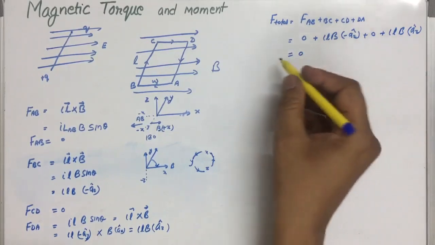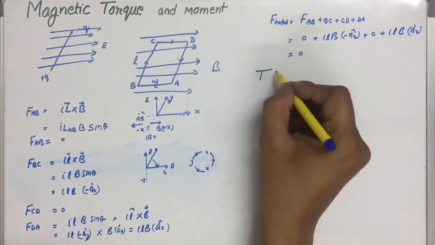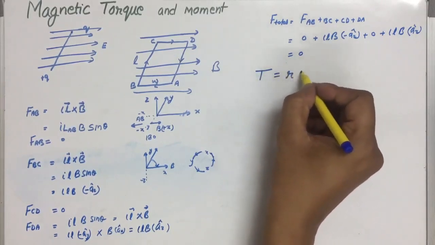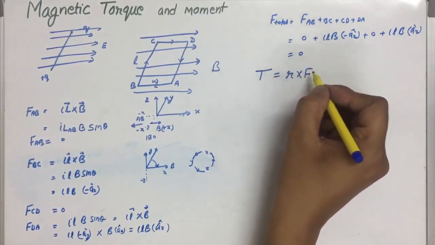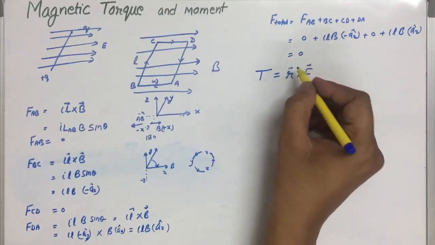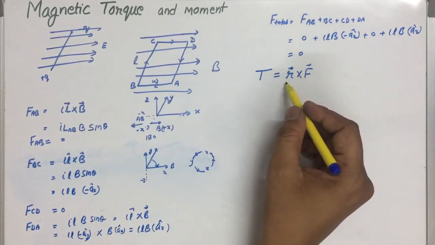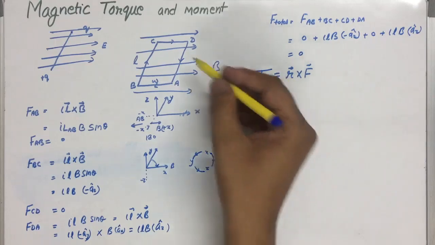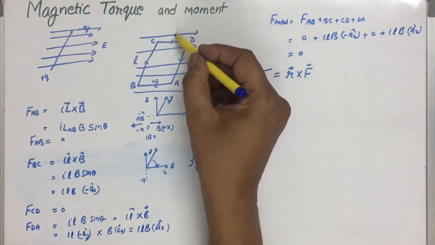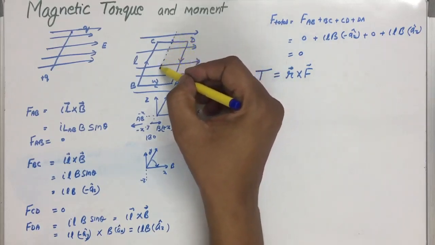Now, if we wish to find the torque, then we know that torque is R cross F. R is the radial distance from the axis through which the force is applied. So for this loop, we have to assume an axis first.